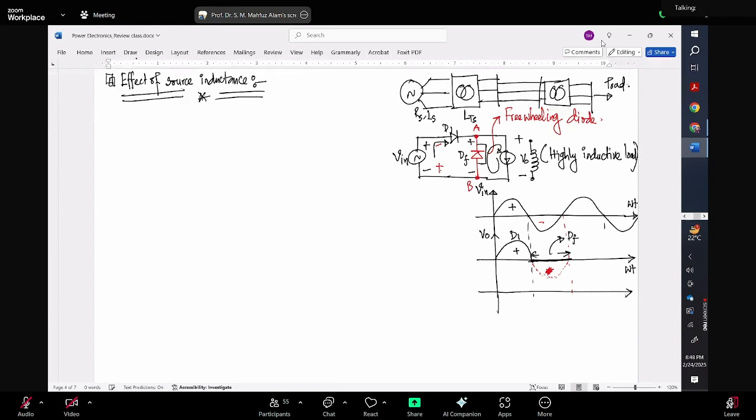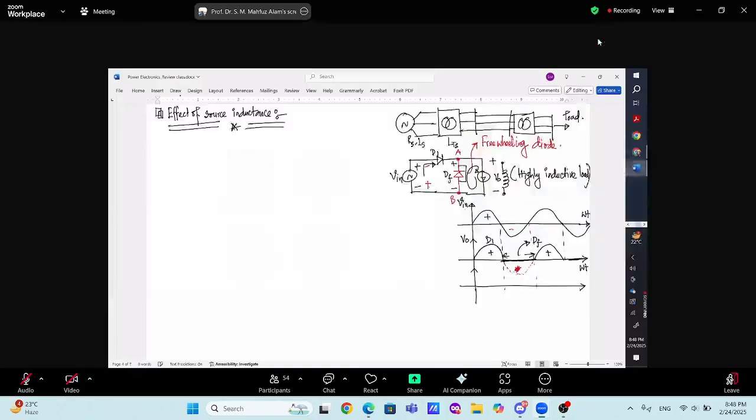This condition will repeat itself. For the positive half cycle, you will have the input voltage similar to the output voltage, and during the negative half cycle, this freewheeling diode will operate, and your output voltage will be zero for that time.